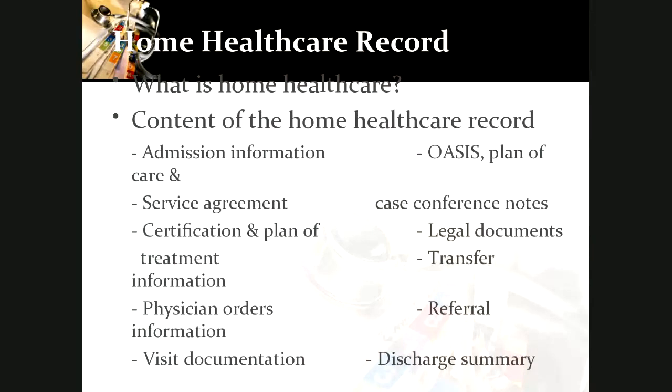The certification and plan of treatment information there. The legal documents and the transfer information. The physician orders and referral information are there. And then we have the visit documentation and the discharge summary. Next slide.